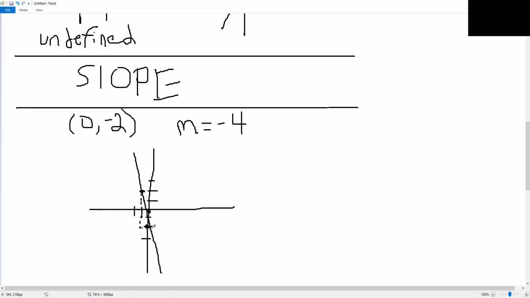We found slope by doing this: 1 over to the left because it's negative, and then up 4. Or you could do 1 over here or down 4. It comes pretty close because my lines are not perfect. But that's how you find slope.